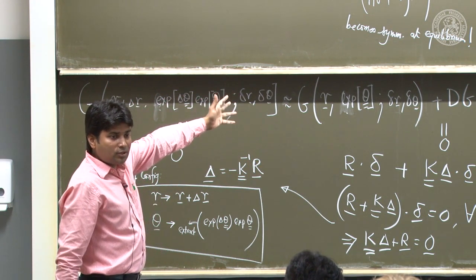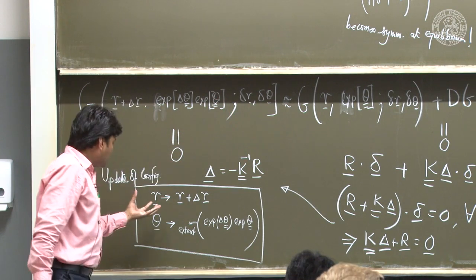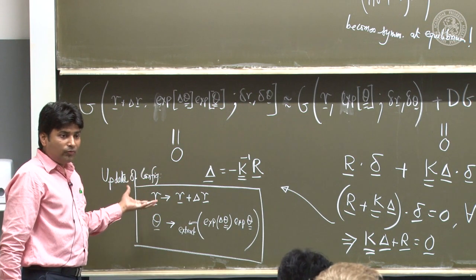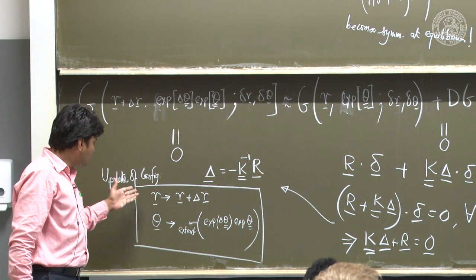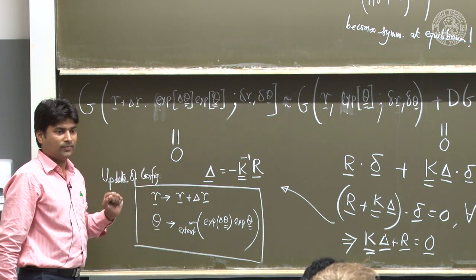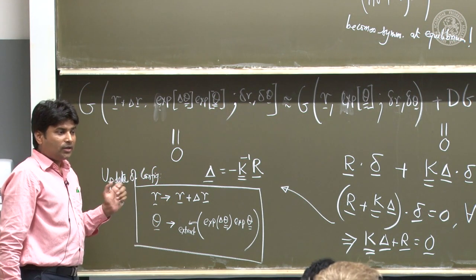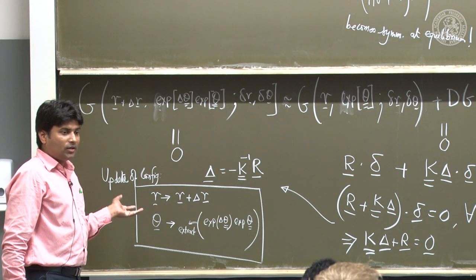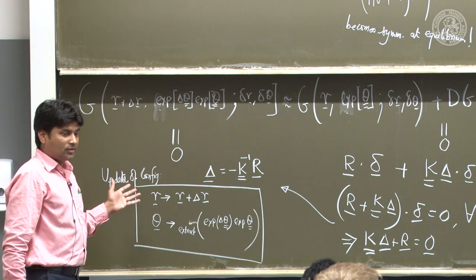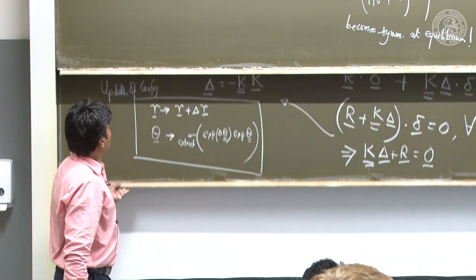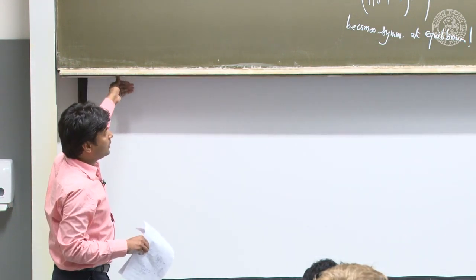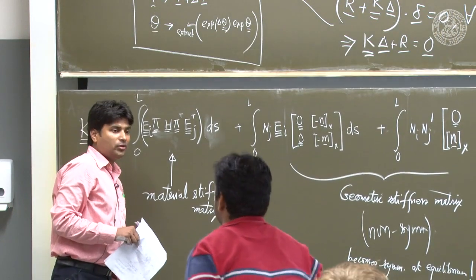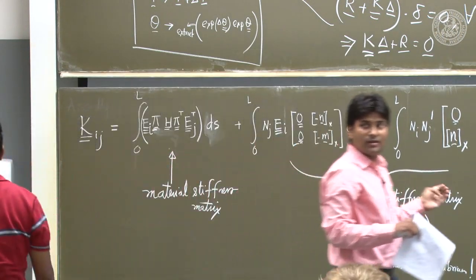To get the forces and moments, you will have to find out the new strains, the new v and new k, corresponding to the new little r and new little theta. Getting the new v and k is again not so easy. So, this was just updating the configuration. Let me also tell you how to update the strains, because that is what you need to get your forces and moments.